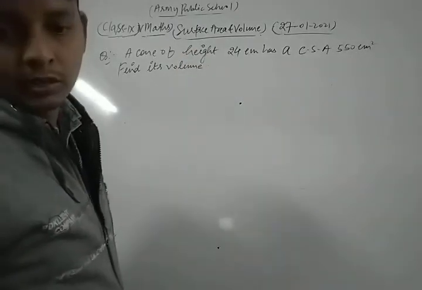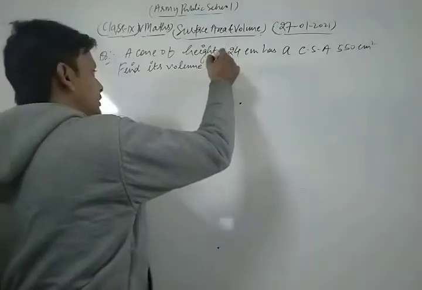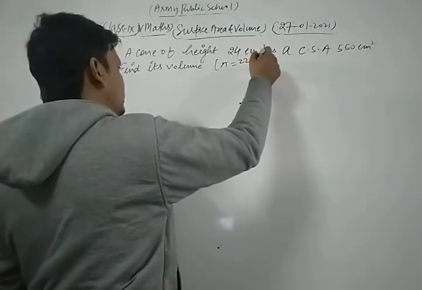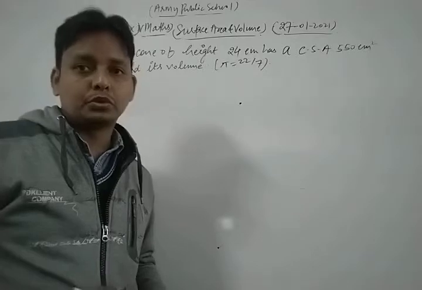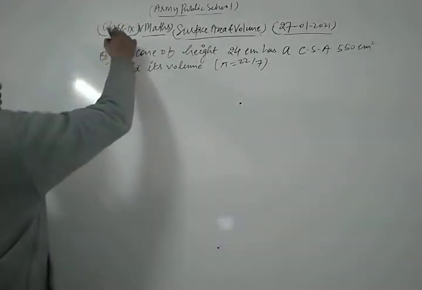Find its volume, and take the value of pi as 22 upon 7. This is a very important question based on cone.